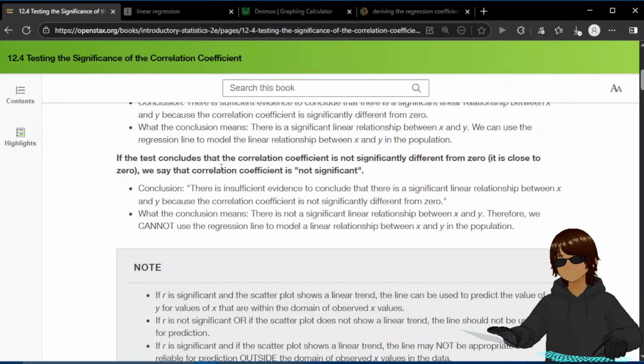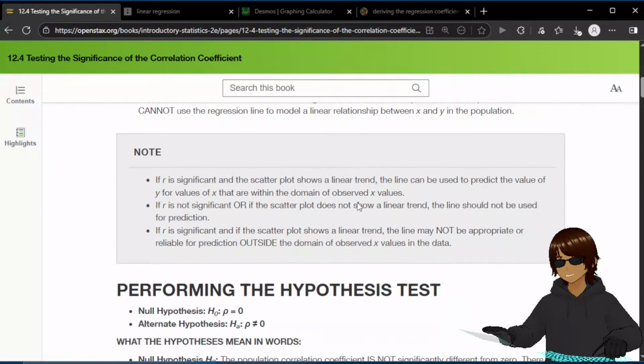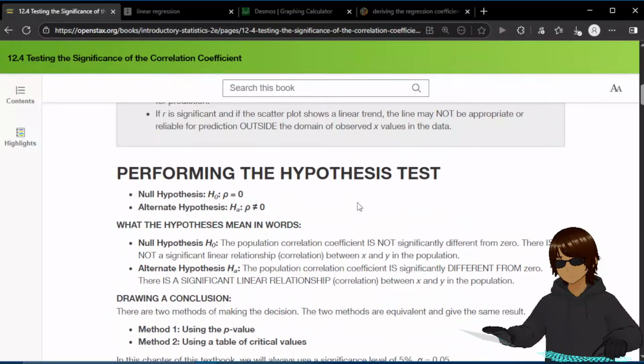If the test concludes that the correlation coefficient is not significantly different from 0, then the conclusion is there is insufficient evidence to conclude there is a significant linear relationship between X and Y because the correlation coefficient is not significantly different from 0.